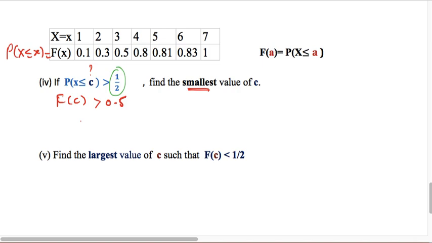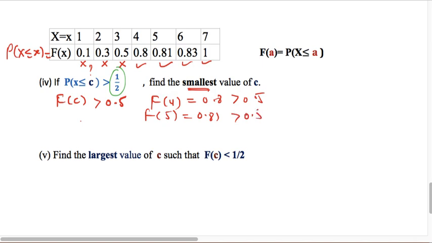So I can see from here that the sum is less than, so this is not included, and this is also not, it is equal to 0.5. I'm looking for these values. It means F of 4 is equal to 0.8, which is more than 0.5. I know that F of 5 is also 0.81, which is more than 0.5.